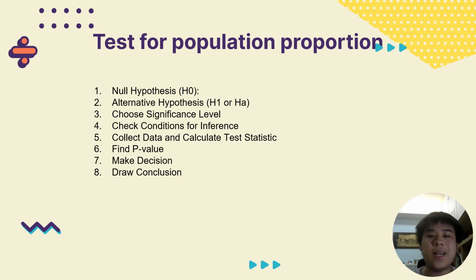Next up, we collect data and calculate the test statistic. This is where the calculation begins. Collect a random sample from the population and calculate the sample proportion, which is your p hat. Now, calculate the test statistic. Usually you'll be using a z-score, because the whole point is to find a z-score or a t-score, which we'll mention later on in the unit.